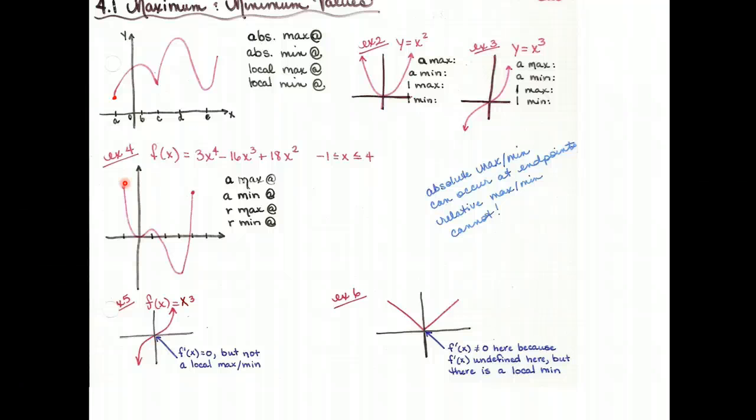Where do you have absolute maximums and minimums? Other times they'll say, what is the absolute maximum or minimum? So where it is, or how many of a certain item you have to produce to maximize something, or how far away something was when it reached its maximum, those are the x values. But when they say what is the actual maximum or what is the actual minimum, that's our y value.